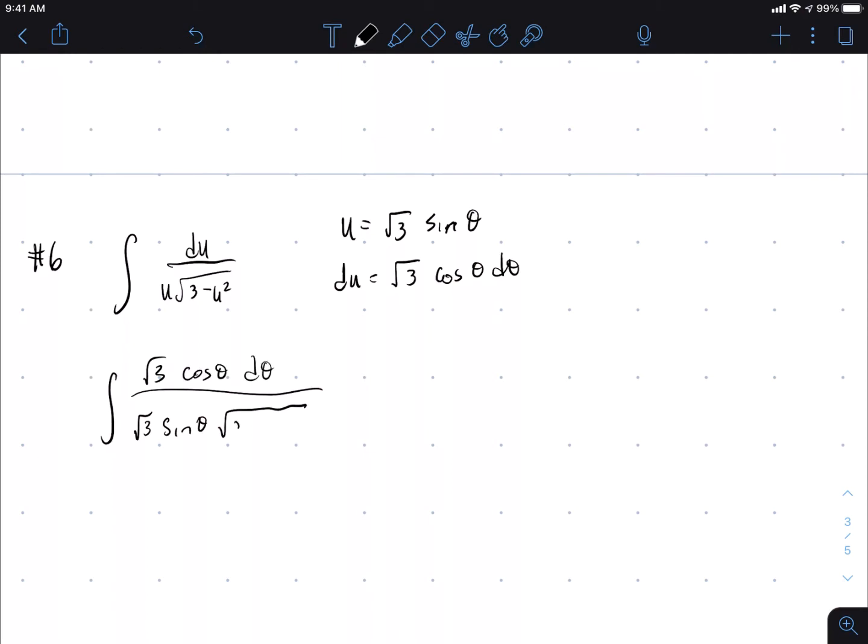This will be 3 minus 3 sine squared theta. Are we okay with that? You just square the u. Oh, yeah. We okay with that? Yeah.